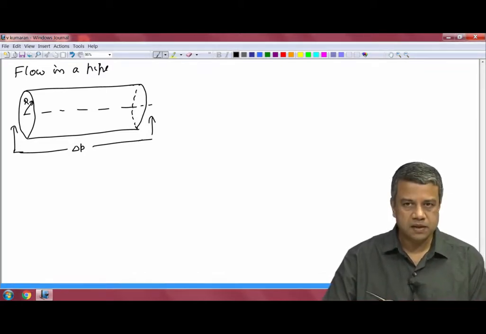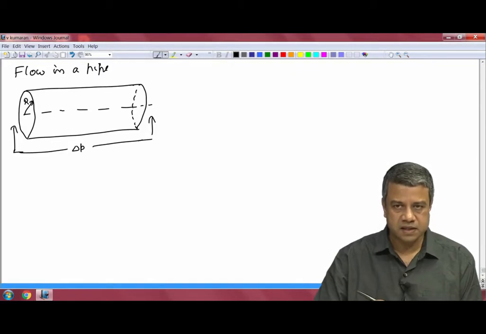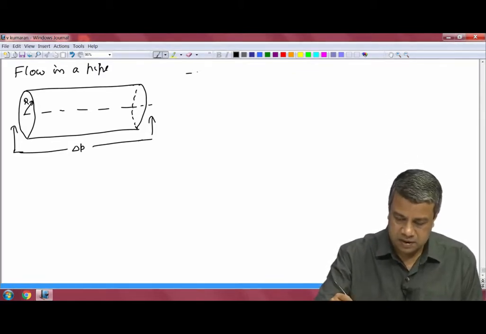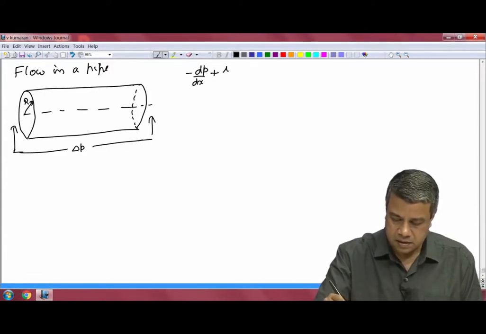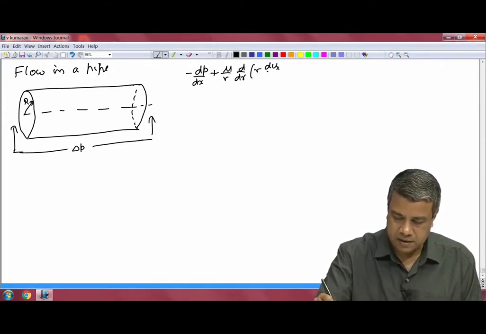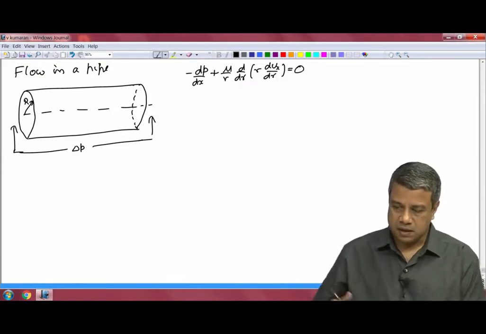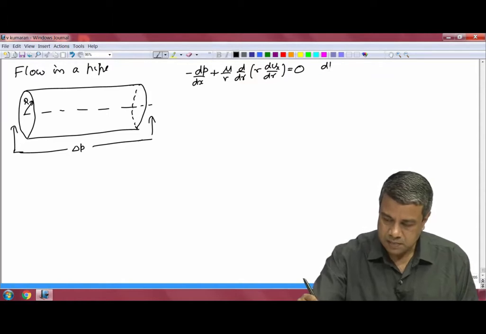The momentum balance equation for this at steady state, in the absence of any forces, was minus dP by dx plus mu by r d by dr of r dVx by dr is equal to 0. And dP by dr was equal to 0.